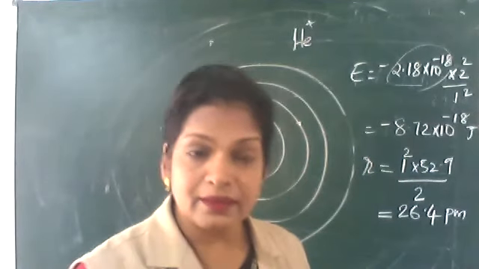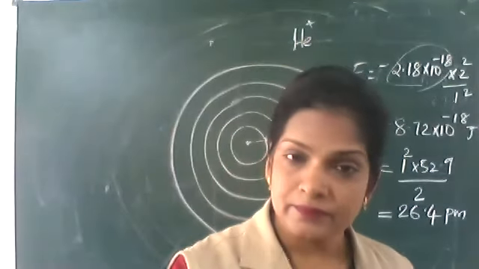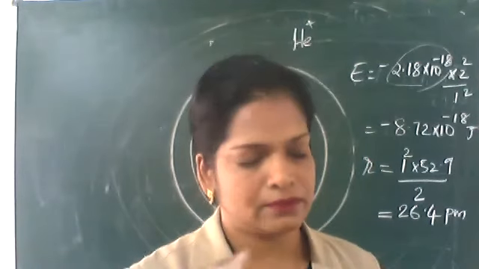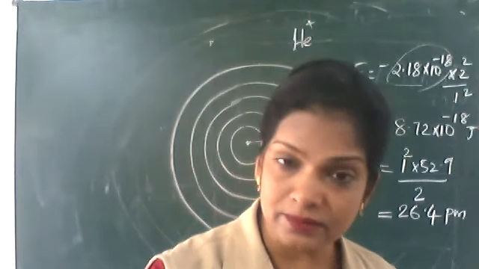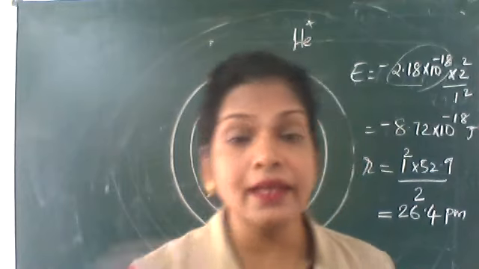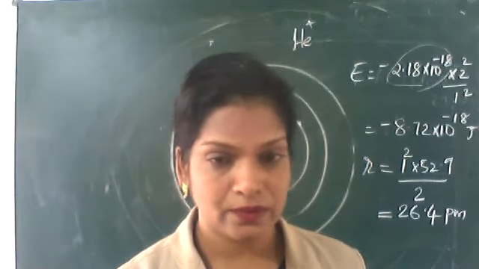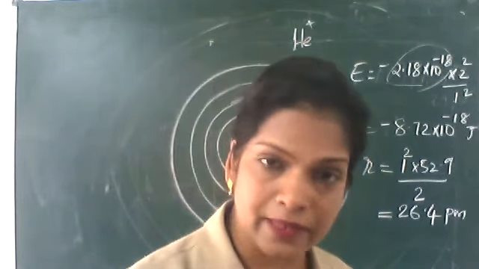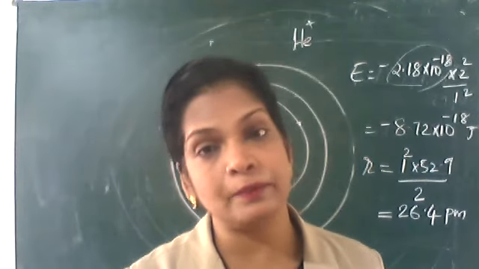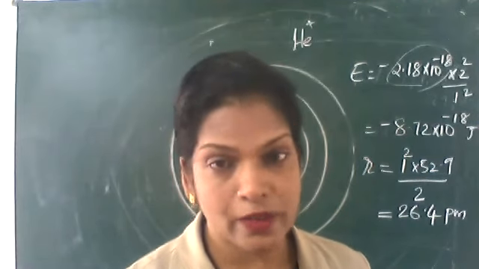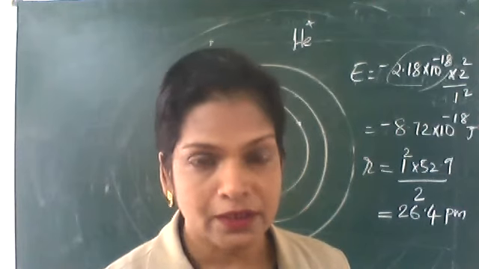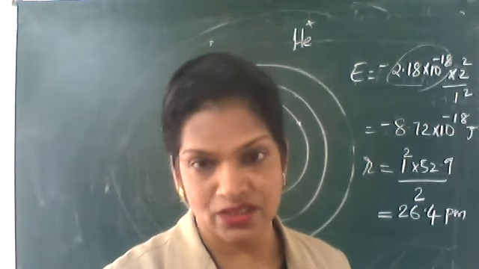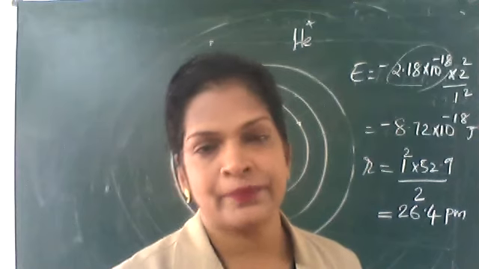You consider hydrogen's 1 electron. You consider helium plus 1 electron. One species is hydrogen atom, one species is helium plus species. Helium plus is not an atom, it is a species, a positively charged ion, cation.